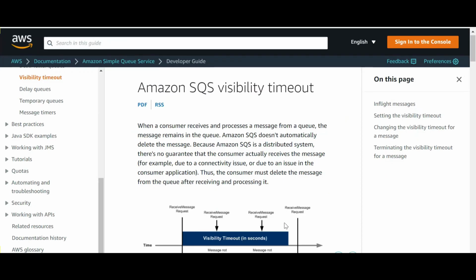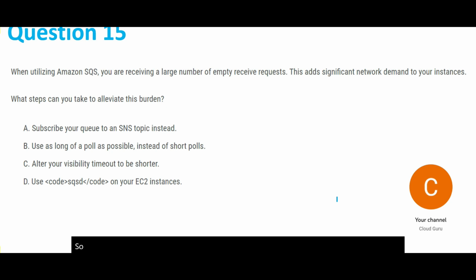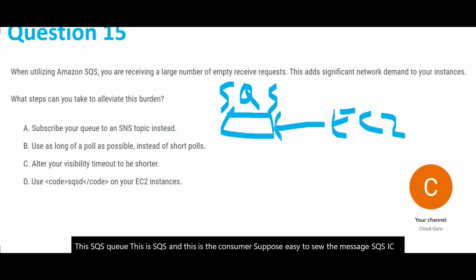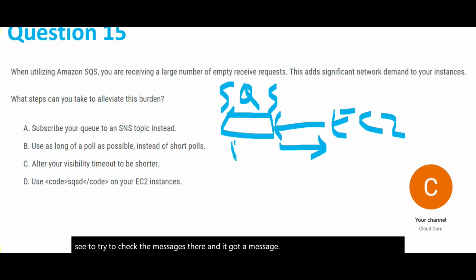Now with visibility timeout, see this description here. If a consumer receives a message, the message in the SQS queue is not automatically deleted. So suppose you have this SQS queue, and this is the consumer, suppose EC2. EC2 tried to check if a message is there, and it got a message, but that message, like message one, is not removed, and the chances of other consumers consuming this message become high.